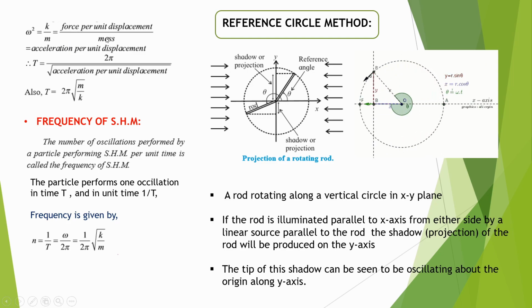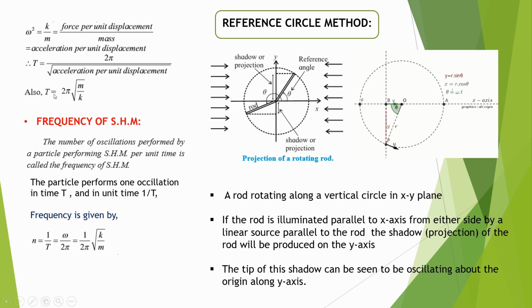So capital T is equal to 2 pi by omega, where omega is equal to the square root of acceleration per unit displacement. And when we substitute the value omega square equal to k by m, we get T is equal to 2 pi under root of m by k. So that is one of the formulas for the period in terms of mass m and force constant k.